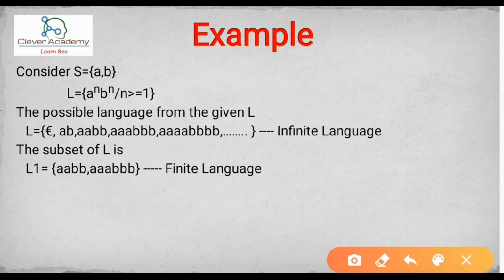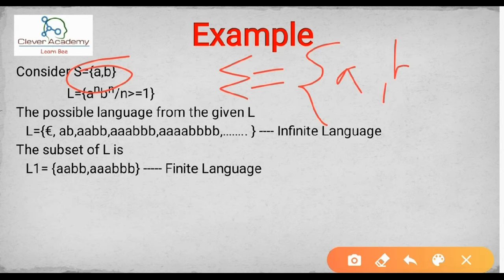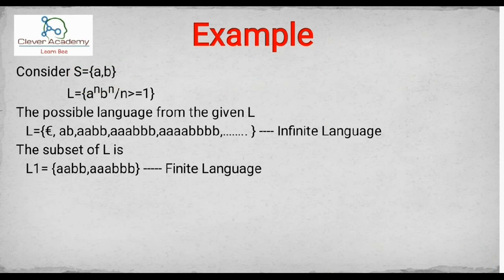We take the alphabet sigma equals {a, b}, the set of input symbols. From these symbols we generate the language L equals a to the power n, b to the power n, where n is greater than or equal to 1.